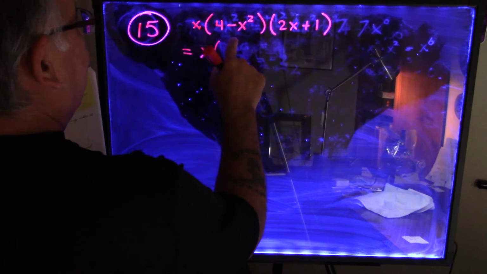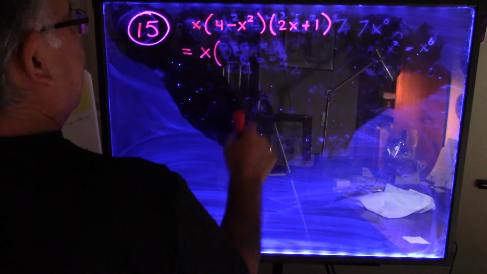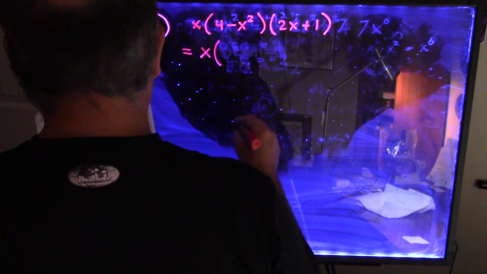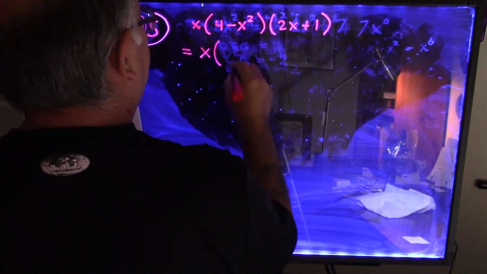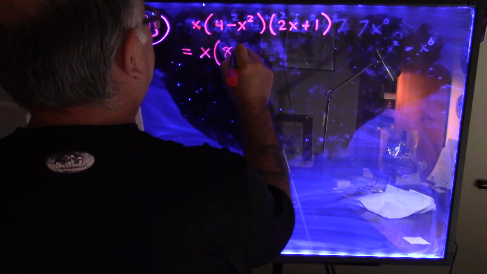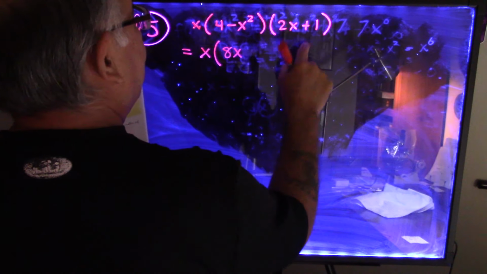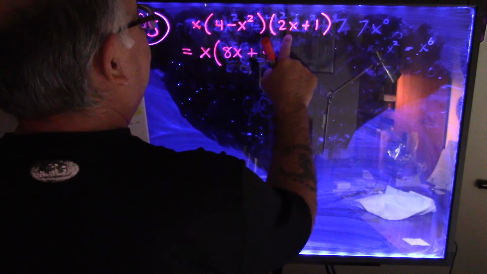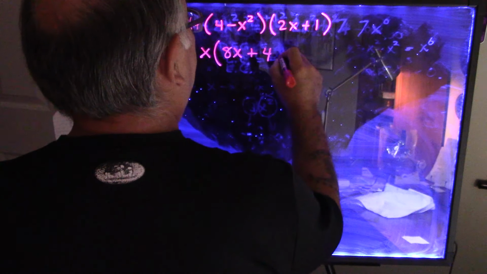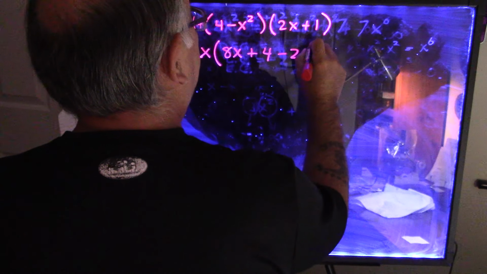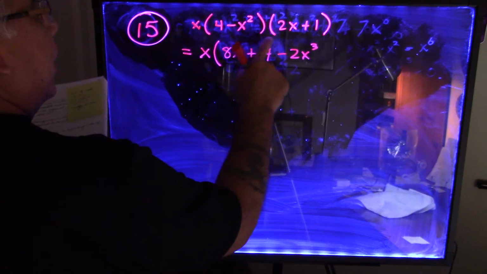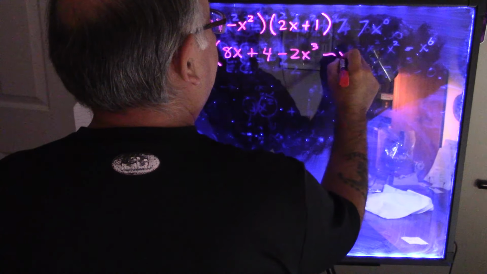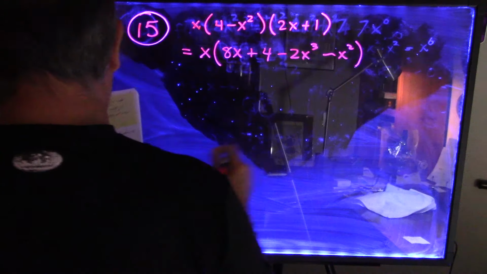All right, so what I'm going to do is multiply these two binomials, all right? So this is 4 times 2x is 8x, and then 4 times 1 is 4. And then negative x squared times 2x is negative 2x cubed. And then negative x squared times 1 is negative x squared, like that.